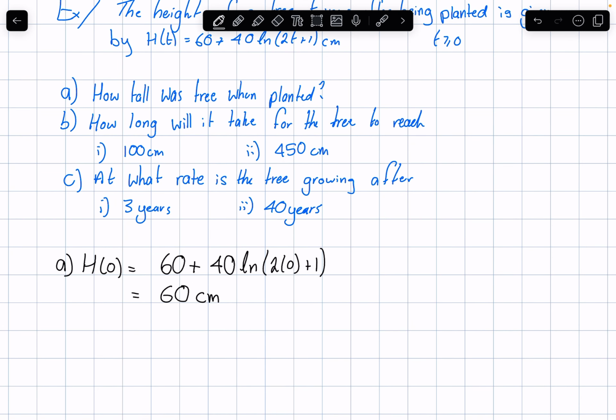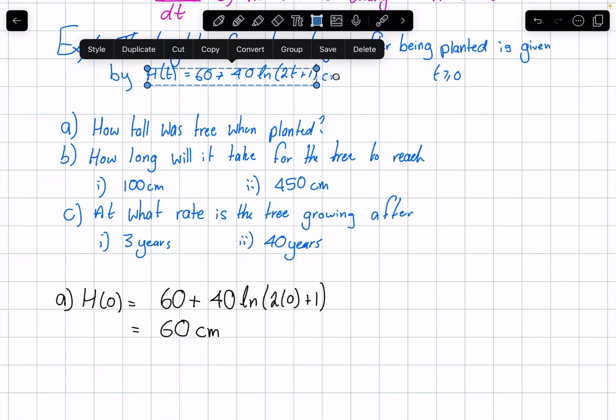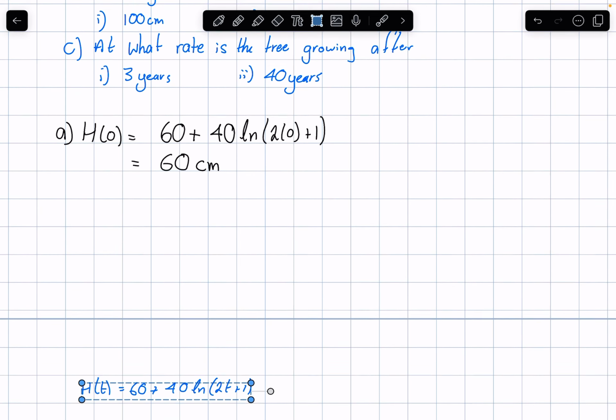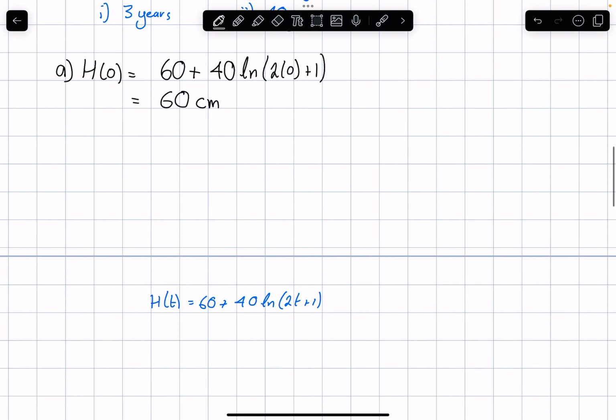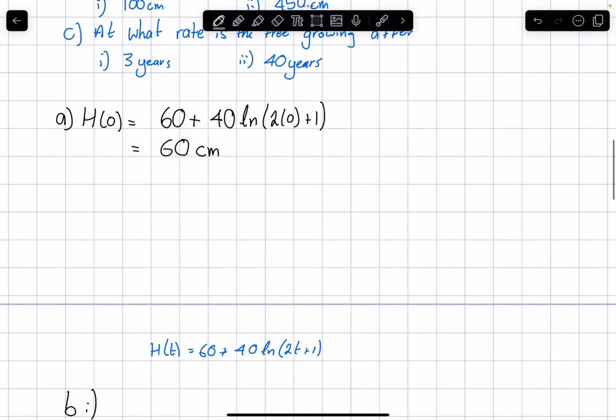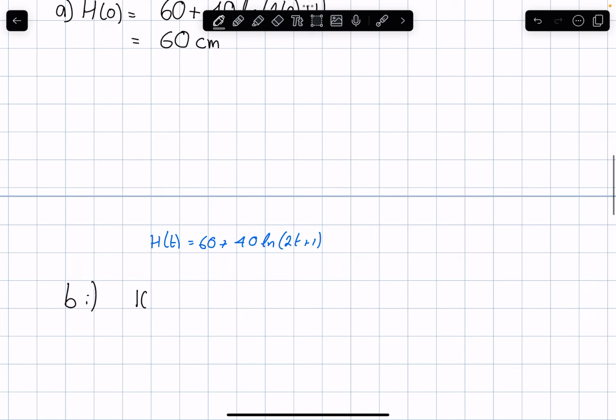So I might copy down my function, just so I've got it there to refer to. So B i. Now we want to find when it's equal to 100. So 100 equals 60 plus 40 natural log of (2t plus 1). So I'm going to subtract 60 from both sides and then divide by 40.